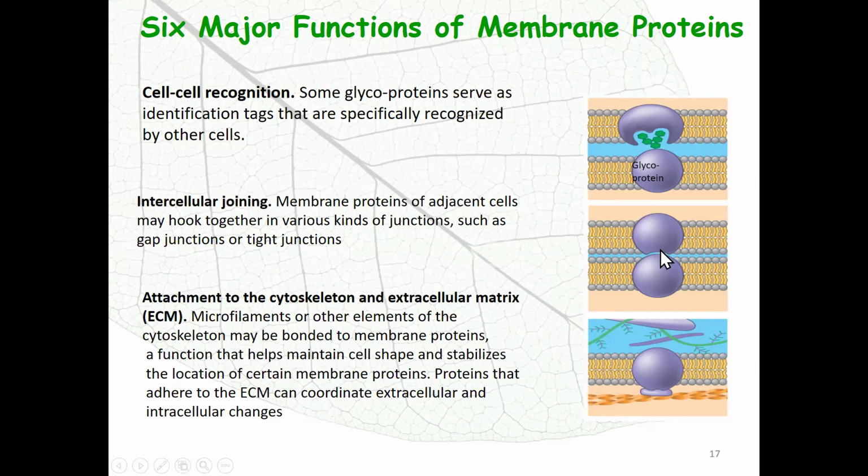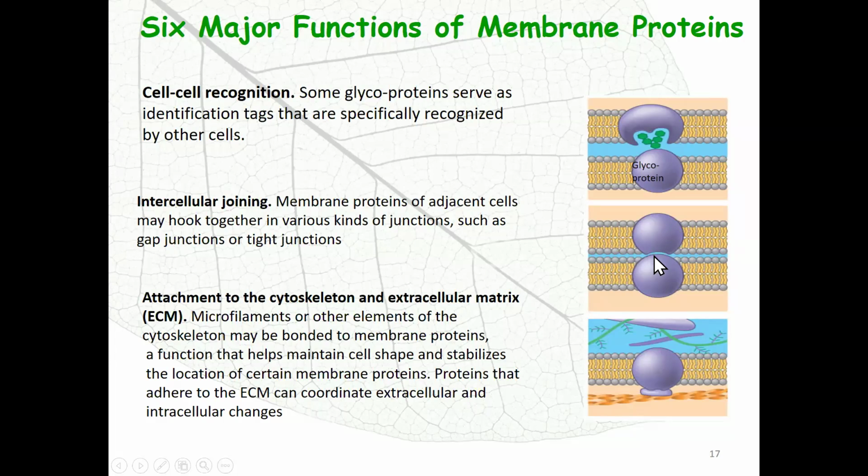And the other is intercellular joining. That means one cell connects to the adjacent cell through some mechanism, gap junctions or tight junctions, and that is called intercellular joining. Otherwise, organ, one cell, another cell.